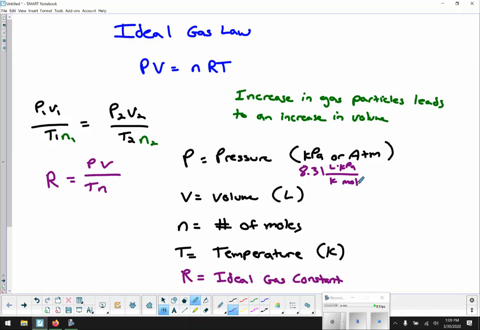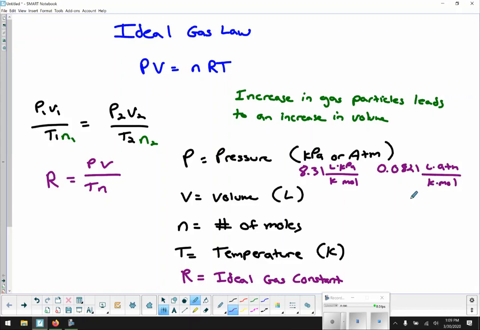Constants generally have weird combined units. All it is, if you look at this, is what it equals: volume times pressure divided by temperature times number of moles. So liters times kilopascals over kelvin moles is just how it rearranges. So for kilopascals, it's that. For atmospheres, it's 0.0821 liter atmospheres per kelvin mole.